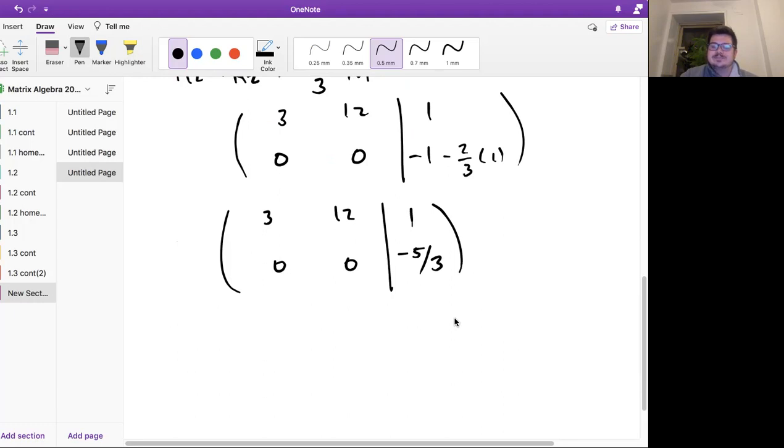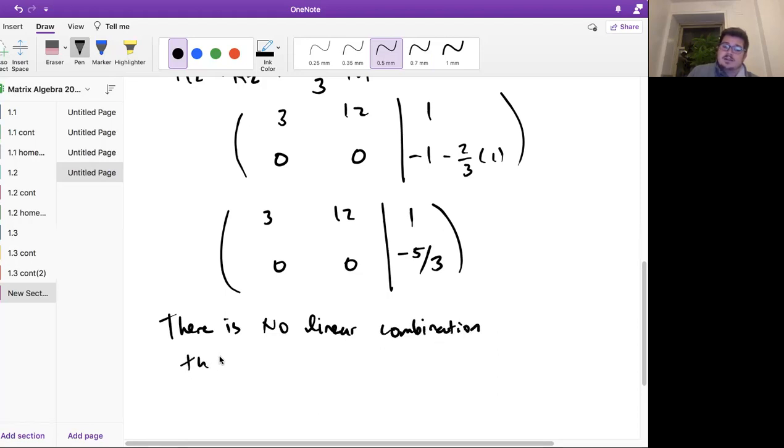And why? What's the conclusion here? No solution. There is no linear combination that gives 1, negative 1.